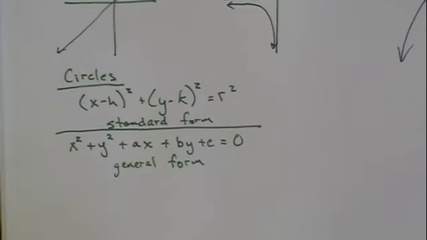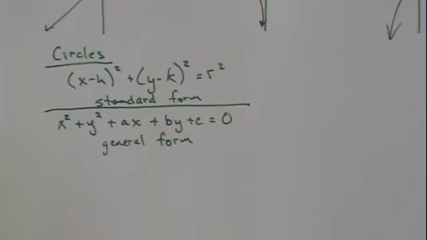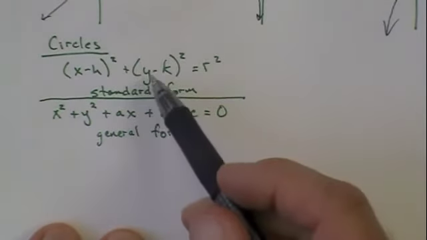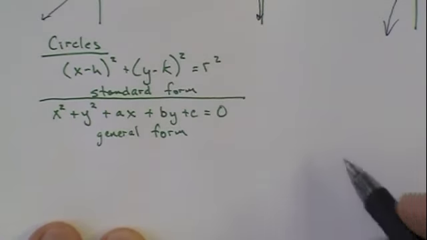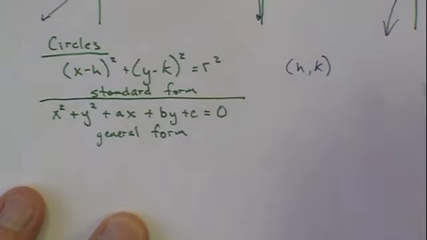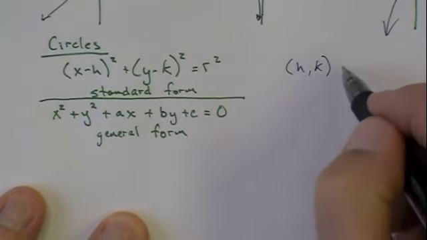When we look at circles, remember our standard form for a circle, x minus h squared plus the quantity y minus k squared equals r squared. That's our standard form, and we're saying that h, k are the coordinates of the center of our circle.